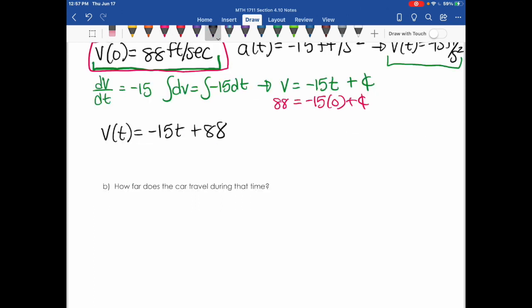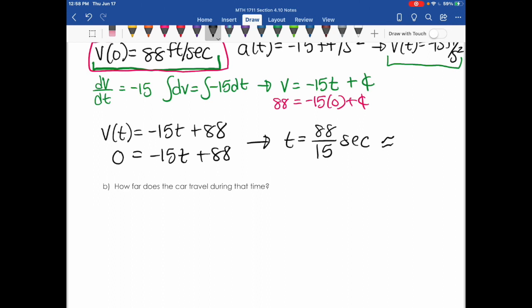So now to answer the question, how many seconds elapsed before the car came to a complete stop? If the car is at a complete stop, the velocity is 0, and we can solve for t. And that will give us the time in seconds since they hit the brakes. So when I solve this for t, I'm going to get 88 over 15 seconds.